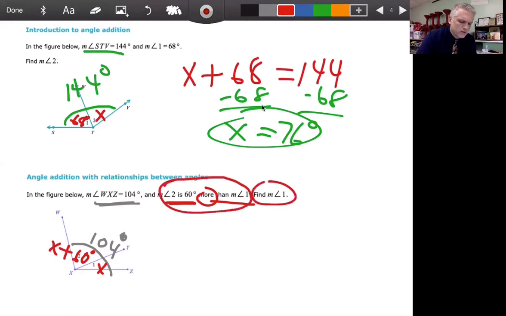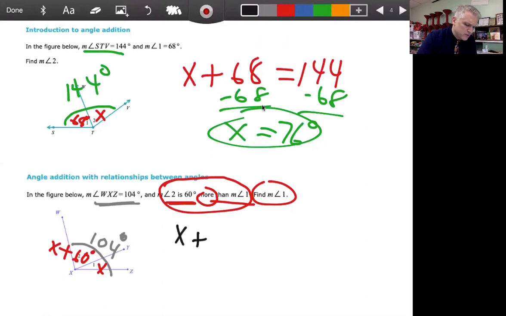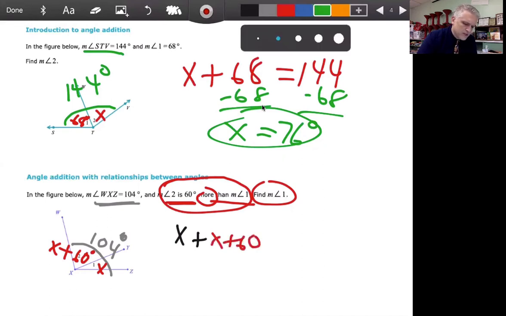Angle 1 is going to be X, which is what we're trying to find. All right? So we go back to our angle addition postulate for the equation. I take the first angle and the second angle, and I set them equal to the big angle that has both of them in it.